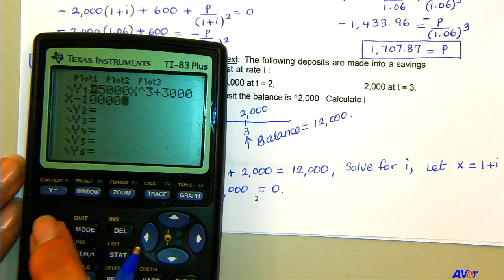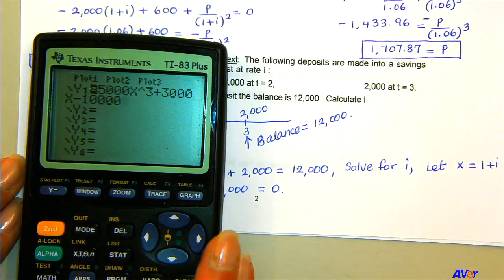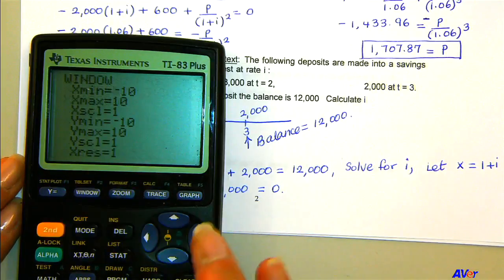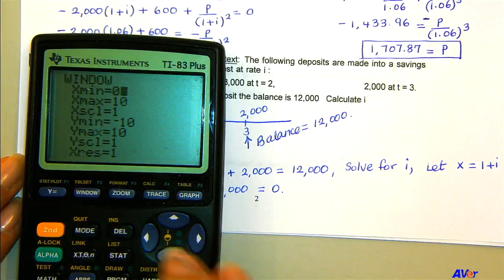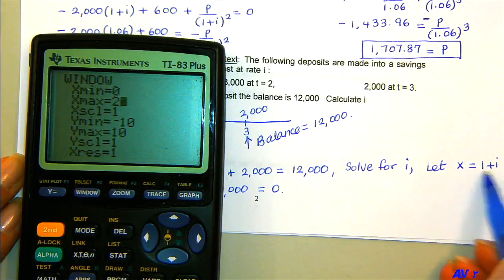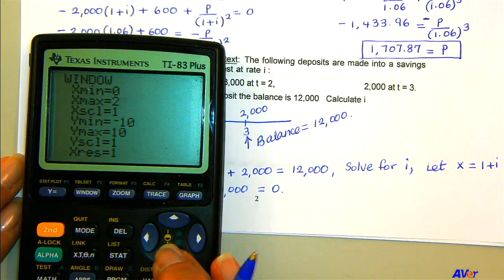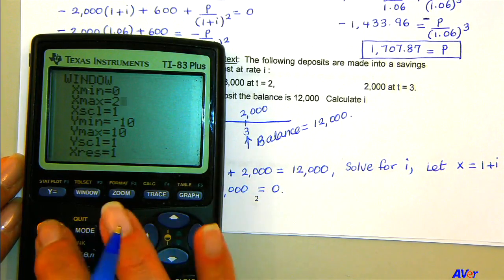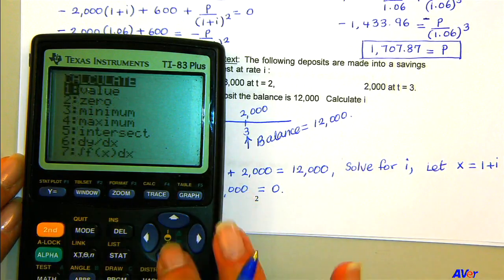First I might want to fix my window. So how about window from 0 to 2. Notice x is 1 plus I, right? So I'll pick it from 0 to 2 by 1, and I think the rest is okay. So how about second, calculate 0.